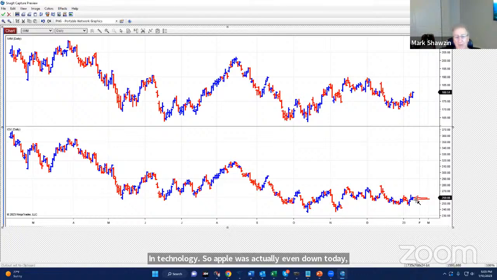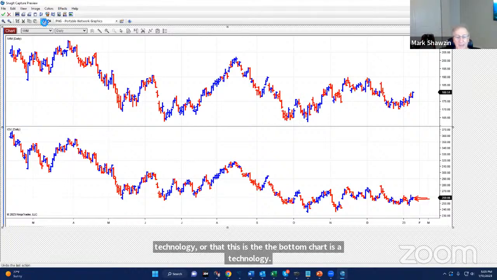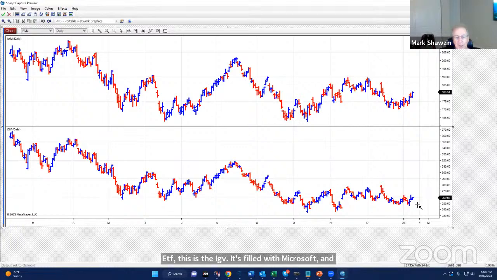So you could see that there was almost no movement in technology. The bottom chart is a technology ETF. This is the IGV. It's filled with Microsoft and Intuit and Salesforce and a bunch of stocks. And this is the IWM, which is the Russell small cap. And you can see that technology's hardly moved, whereas small caps have already started getting a lift.